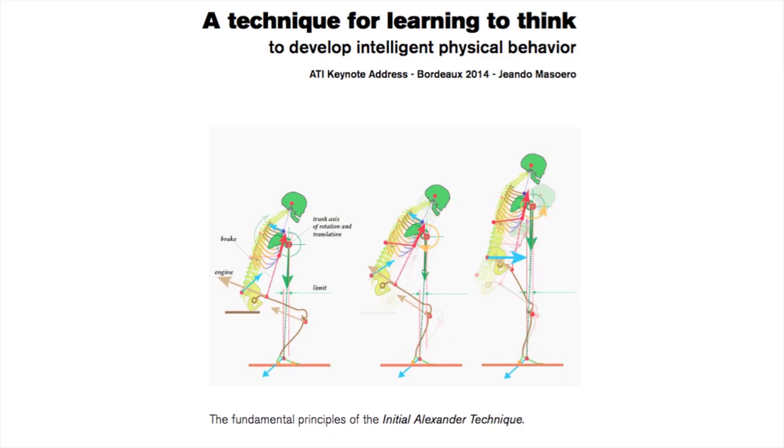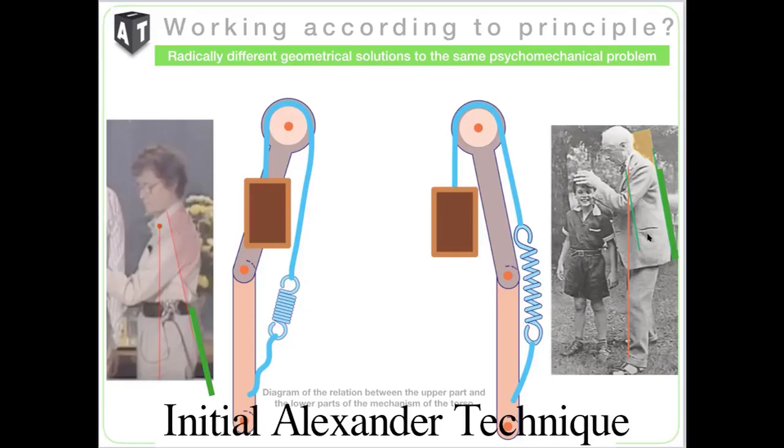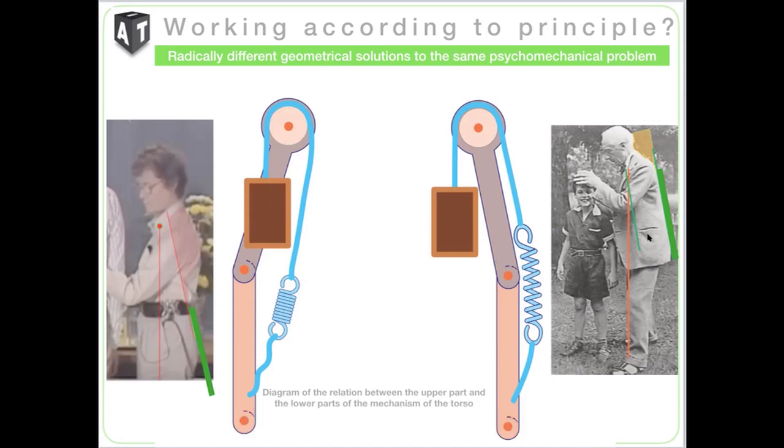To bring your conscious, reasoning mind into action, you need a system or a technique for learning to think, to develop intelligent physical behavior, if you will. For that, my recommendation is the Initial Alexander technique. Initial Alexander technique lessons are designed to bring one's higher cognitive functions into play, to succeed in solving increasingly complex postural problem-solving games.